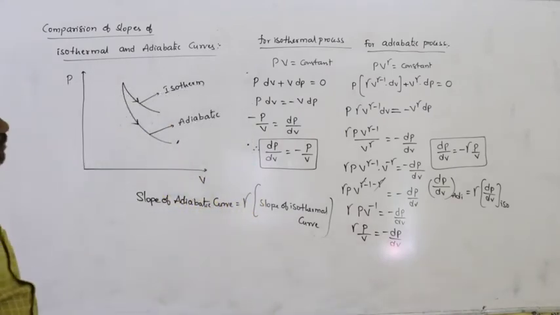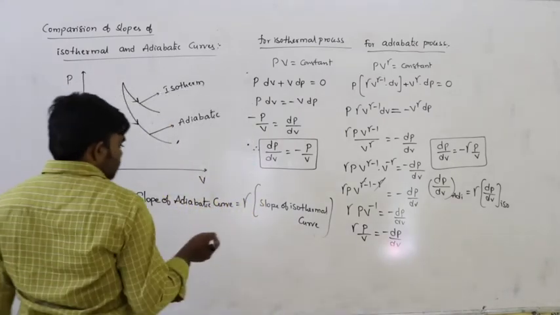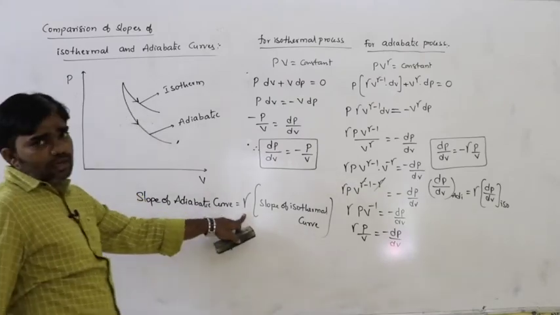So that is for the adiabatic process. This is the relation between them. So that means the ratio of slopes is equal to gamma.